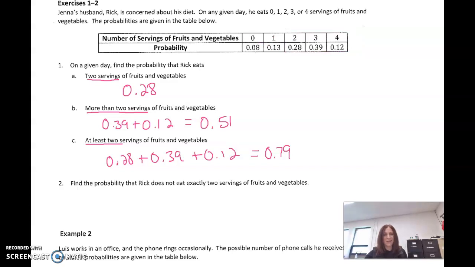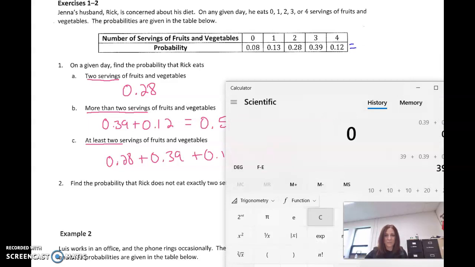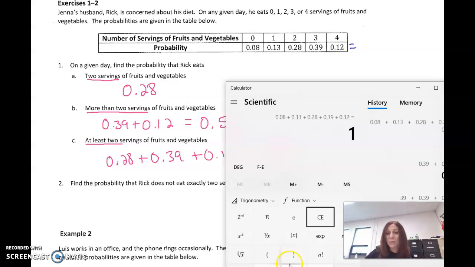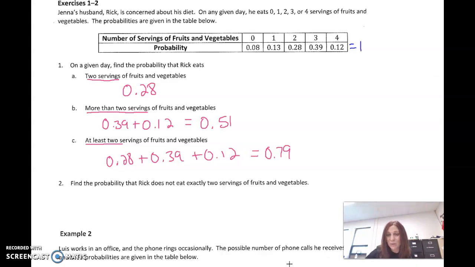Now, let's use that idea of all of these adding up to 1. In fact, I am going to use my calculator one more time to show you. If I go 0.08 plus 0.13 plus 0.28 plus 0.39 plus 0.12, notice it equals 1. When I add all of these up, it equals 1.